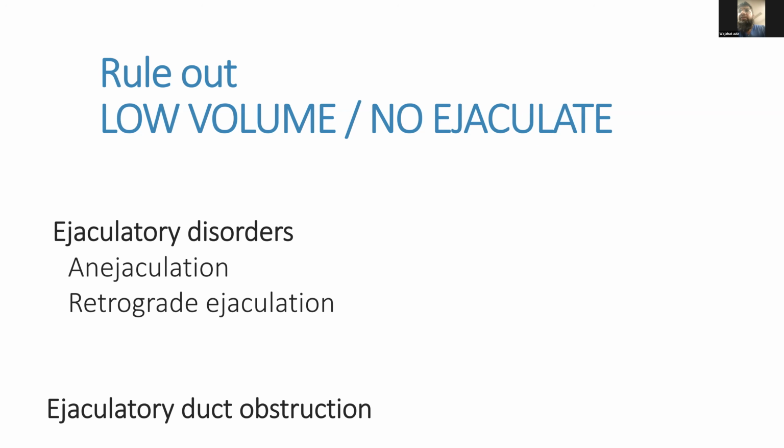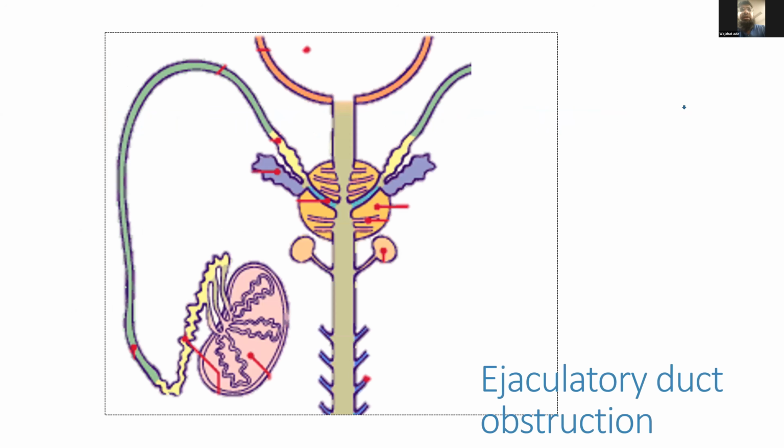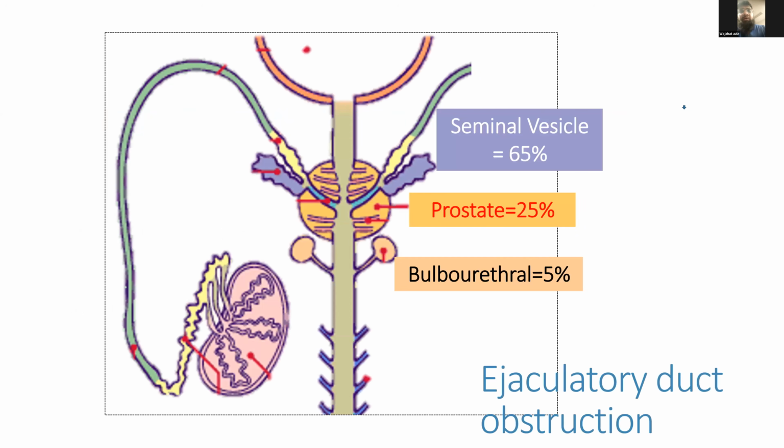Second thing, in some of these patients, the problem is ejaculatory duct obstruction. Although this is technically considered as azoospermia and one of the causes of so-called obstructive azoospermia, it is taken separately. So if you consider the normal anatomy, most of you know that the seminal fluid mostly comes from seminal vesicles, and only 5% of it from the testes.